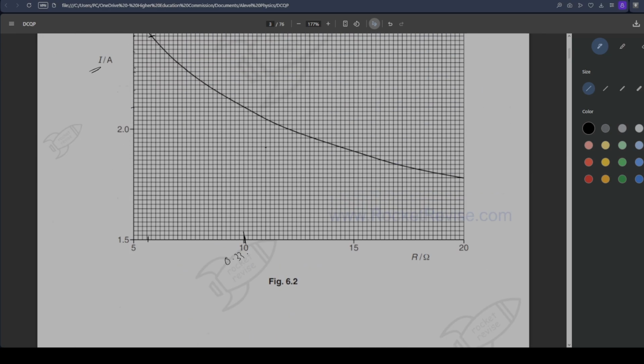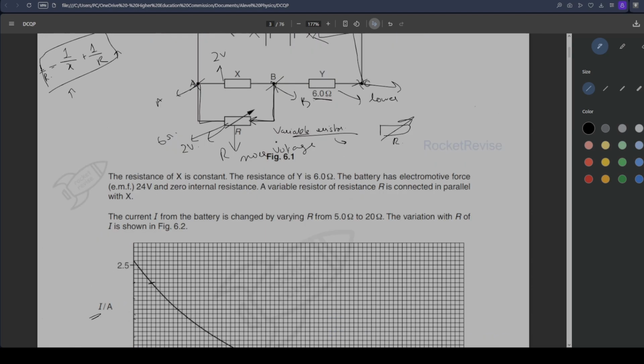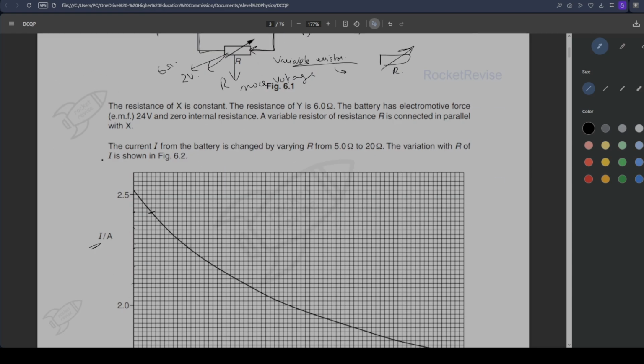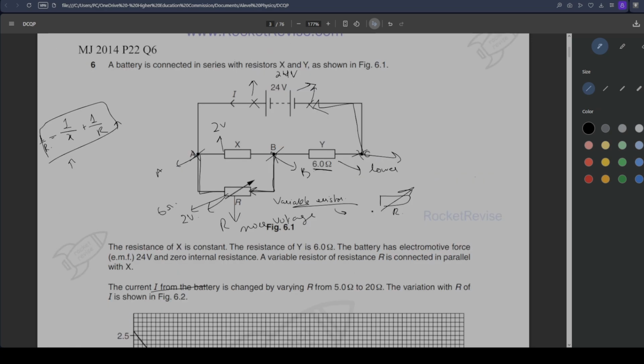That, okay, no, wait. The current I from the battery. So this current I is the total current. It's labeled over here as well. This is I, the total current from the battery.